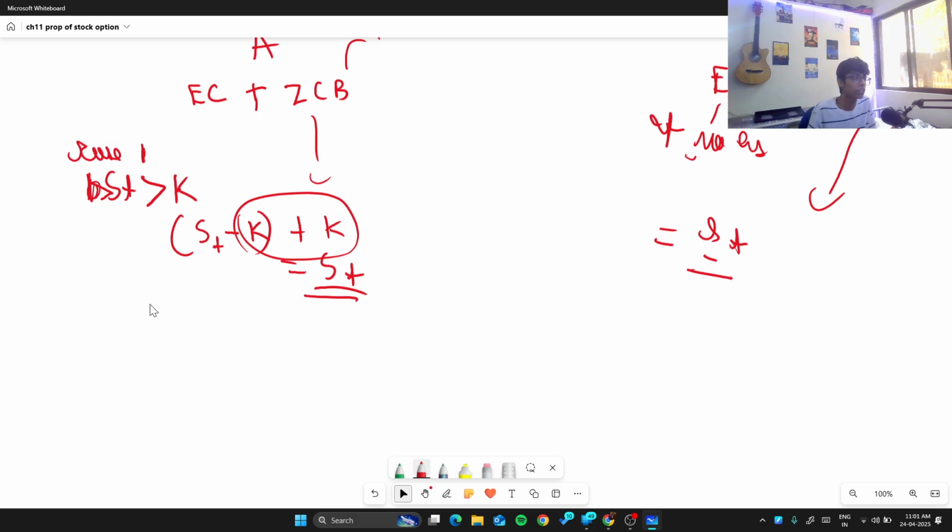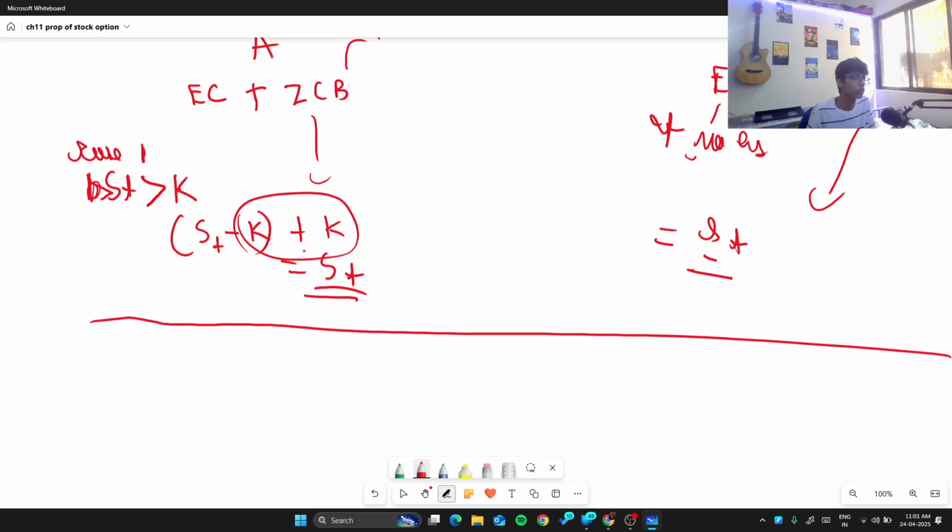Let's see case number 2, where K is greater than ST. If K is greater than ST, then we will not exercise the call option because there is no sense in exercising it. So this value will be 0 plus the coupon.